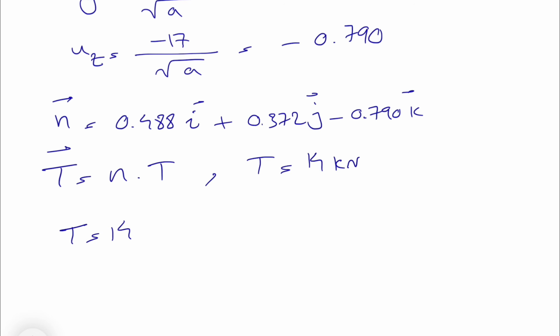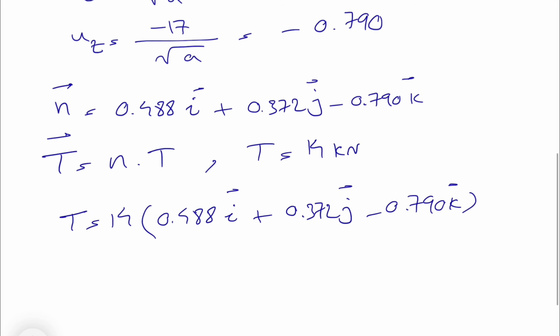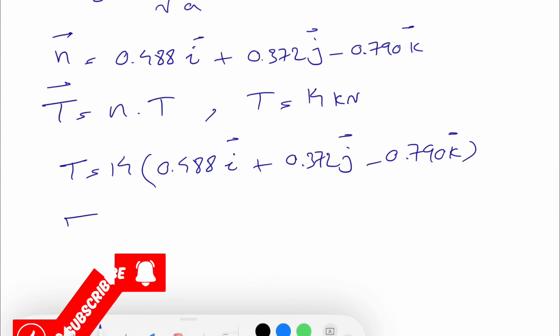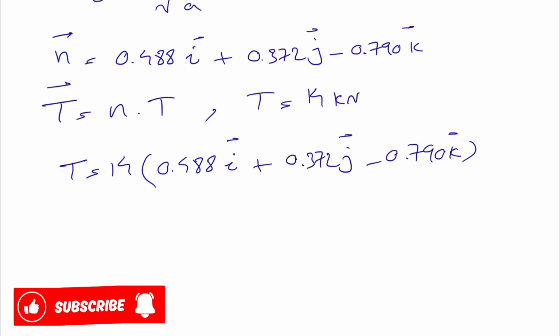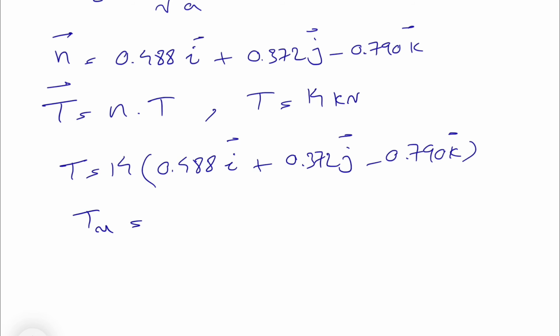And from the question, we know the magnitude of t is 14 kilonewton. So we'll have t equal to 14 times the unit vector, which was 0.488i plus 0.372j minus 0.790k.